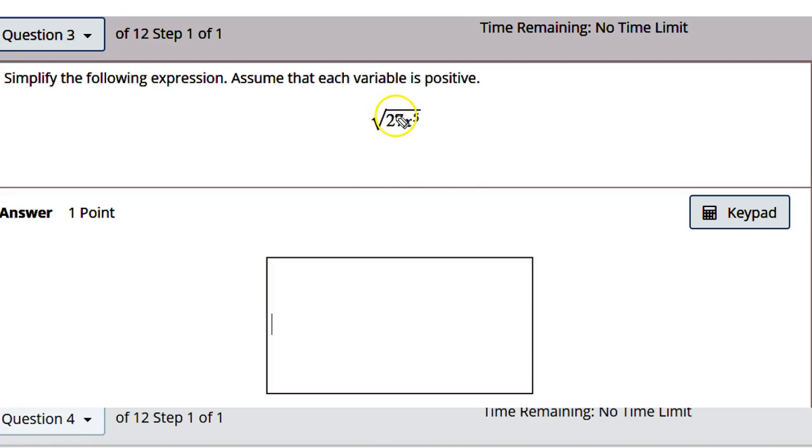Now, for this one, we're asked just to simplify it. And the procedure was to put 2 radical signs. And of course, this implies multiplication. And we're looking for the number part of the radicand. Is there a perfect square factor?